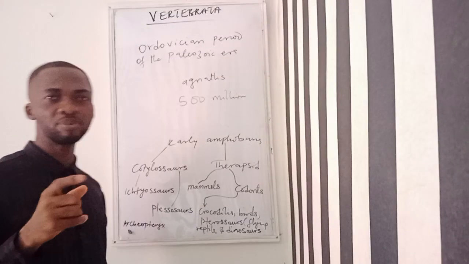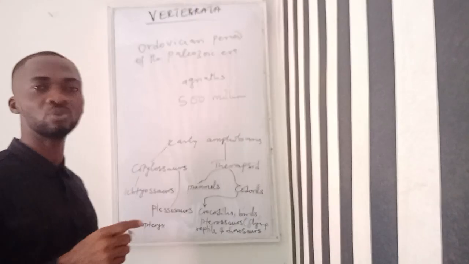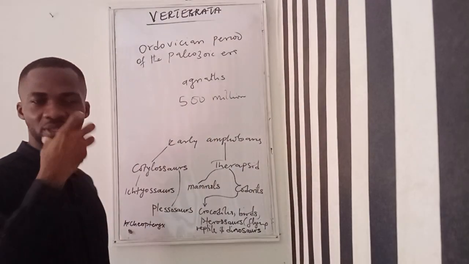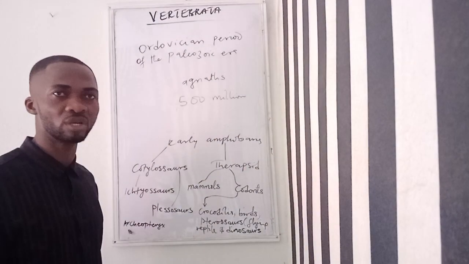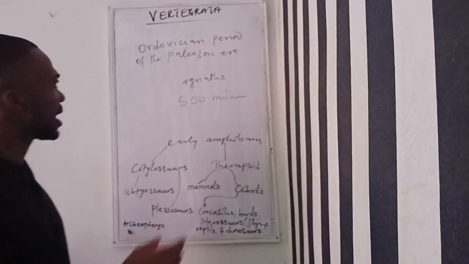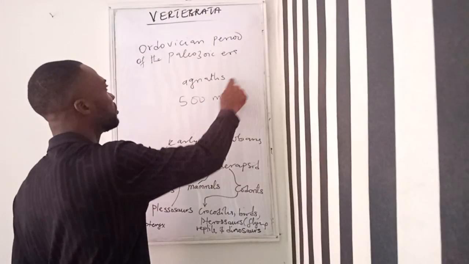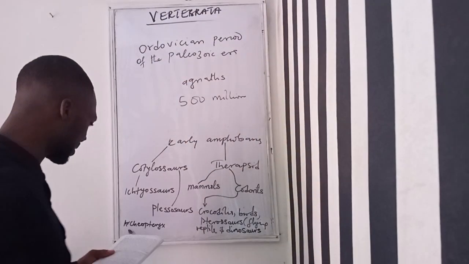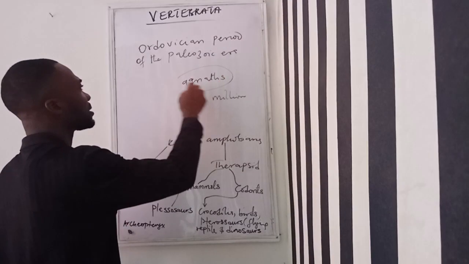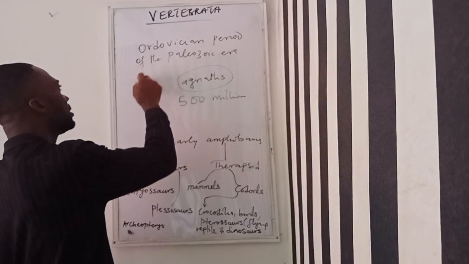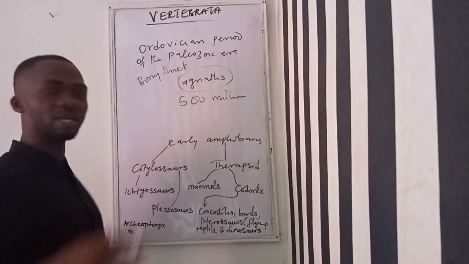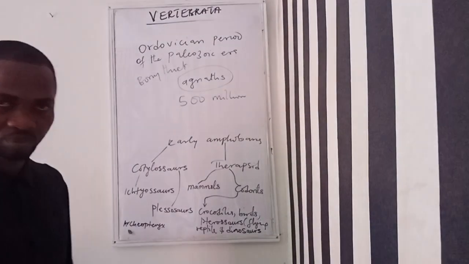And these vertebrates that evolved at this period were fish-like animals. That means they were looking very strange, made up of thick bony materials. The bony thick materials that make up their skin are called agnats.